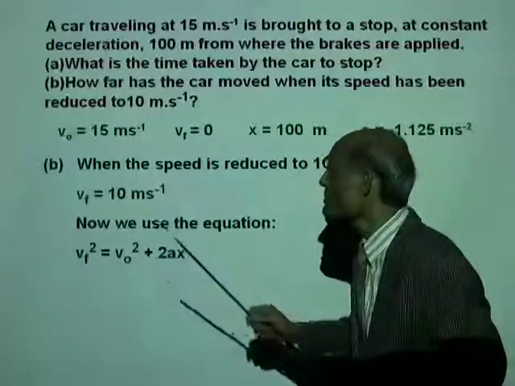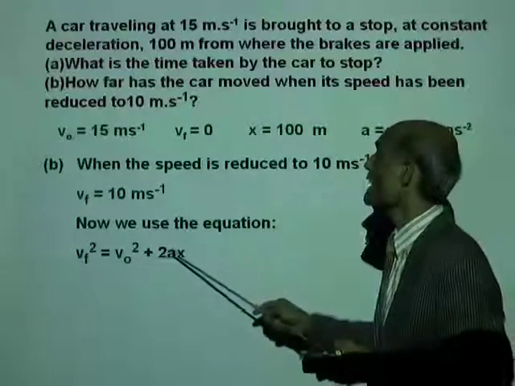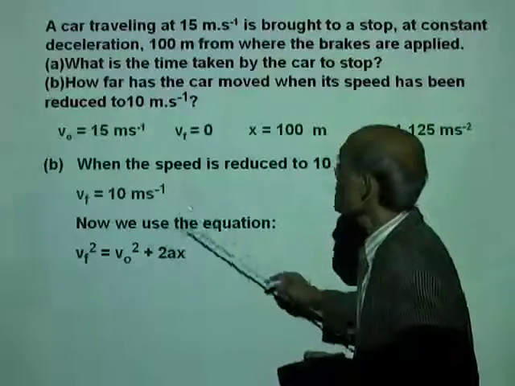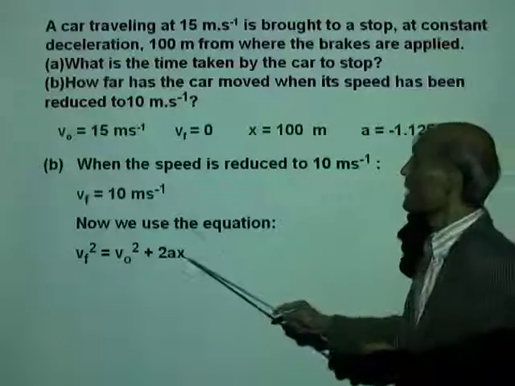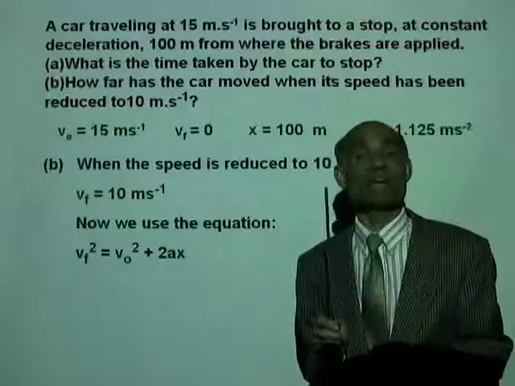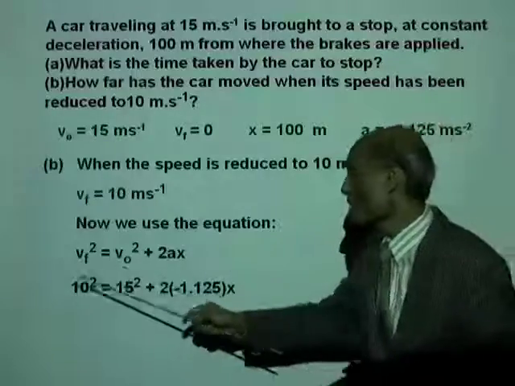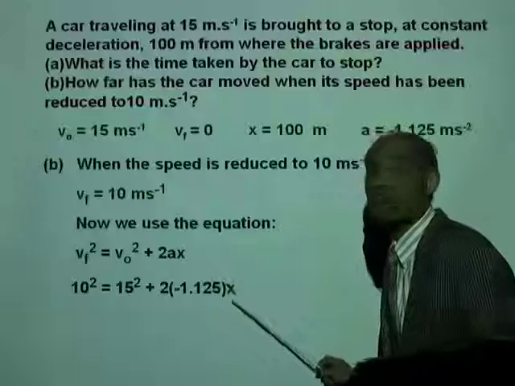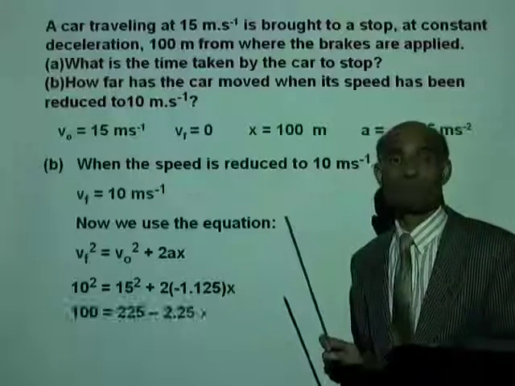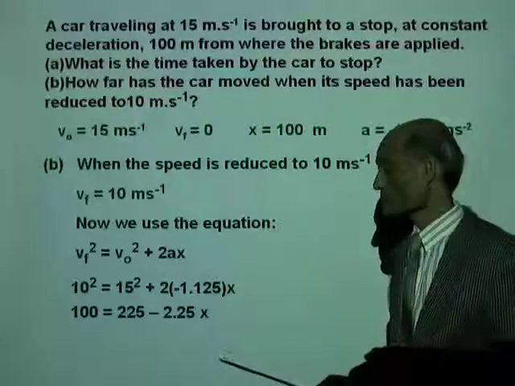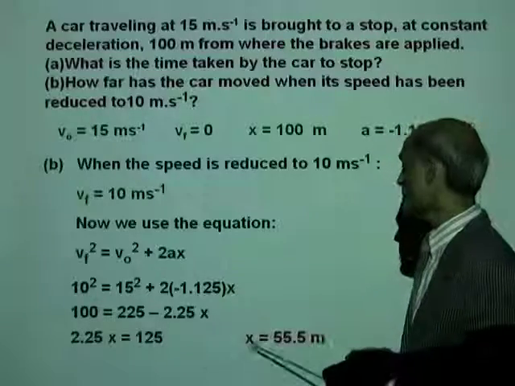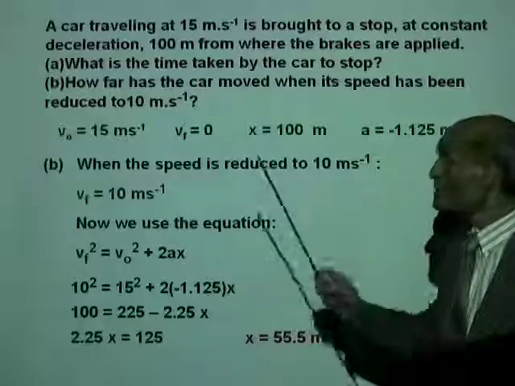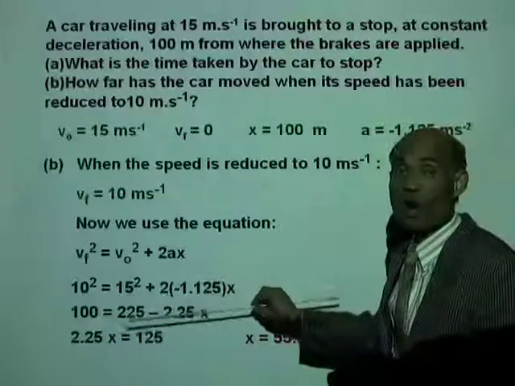Vf squared equal to V0 squared plus 2ax. Vf you know, V0 you know, acceleration we know, and therefore you can find your x. Alright, I'm going to leave it for you. I will just show you the steps, simplify this, and solve for x. That gives you x equal to 55.5 meters. Now you need to do all these problems on your own.